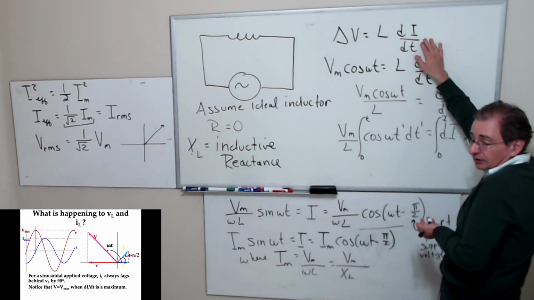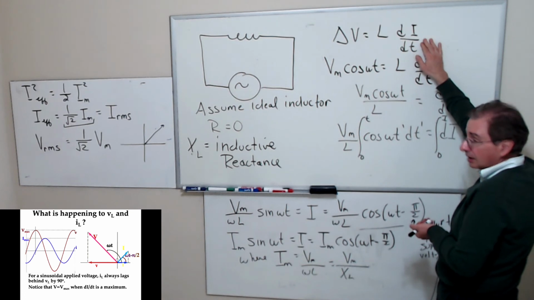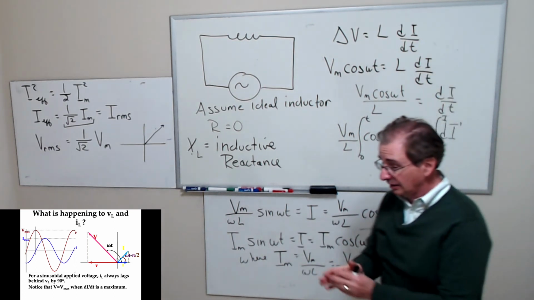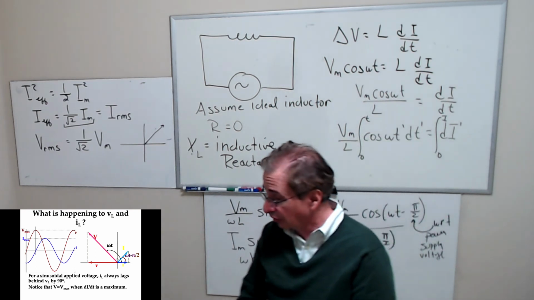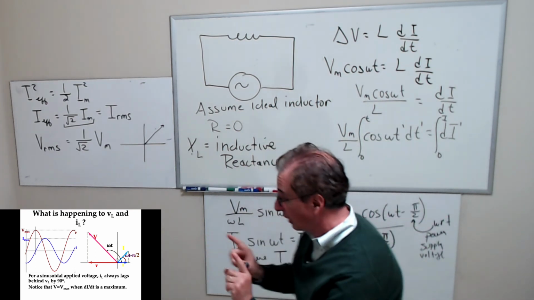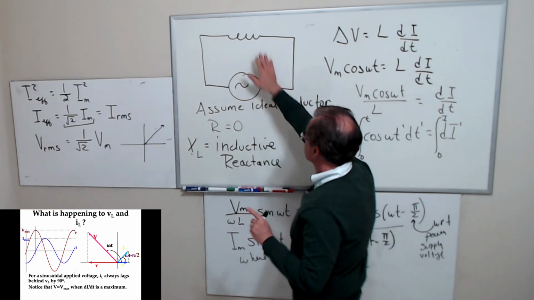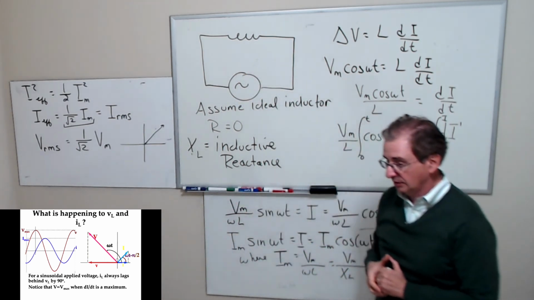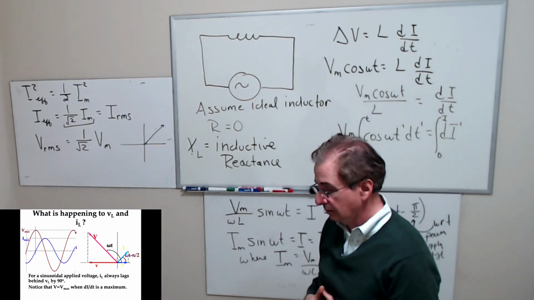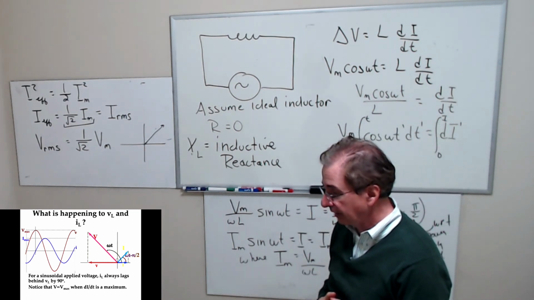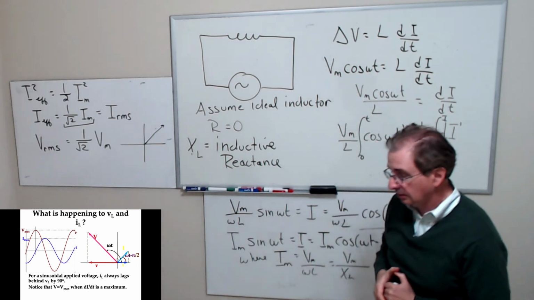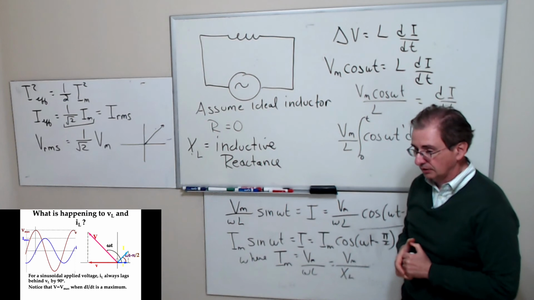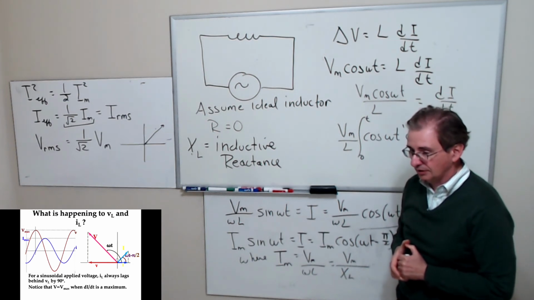You get a sine. So it's because of Faraday's law that there's a 90-degree phase shift between the two. Remember, this has no resistance, and I don't have any resistance in my circuit yet. Questions?